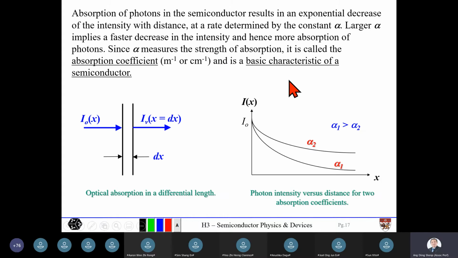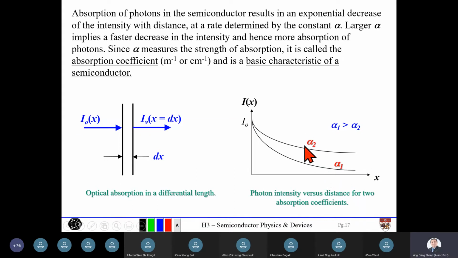Now, a point on alpha. Alpha is called the absorption coefficient. It is actually a measure of the absorption strength of a semiconductor. When alpha is large, the light intensity decays faster as you go into the semiconductor.